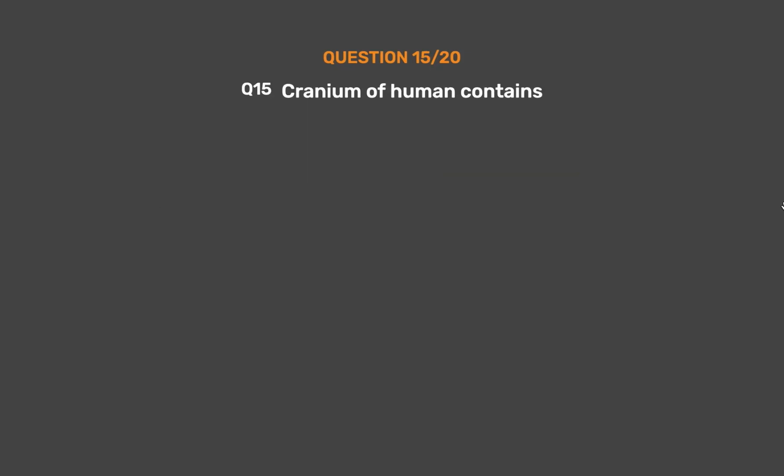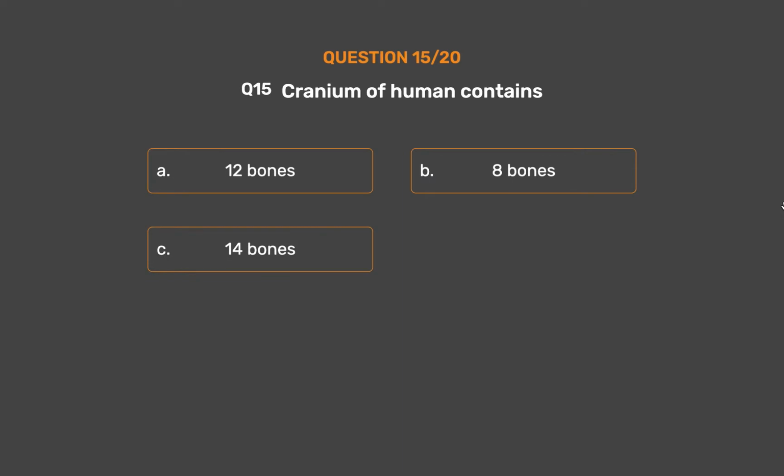Question number 15. Cranium of human contains option A, 12 bones. Option B, 8 bones. Option C, 14 bones. Option D, 20 bones. The correct answer is option B, 8 bones.